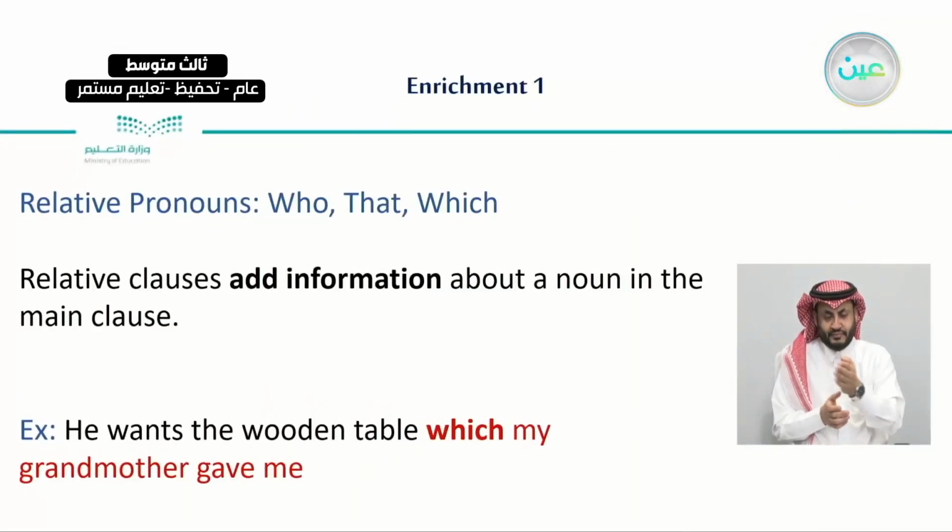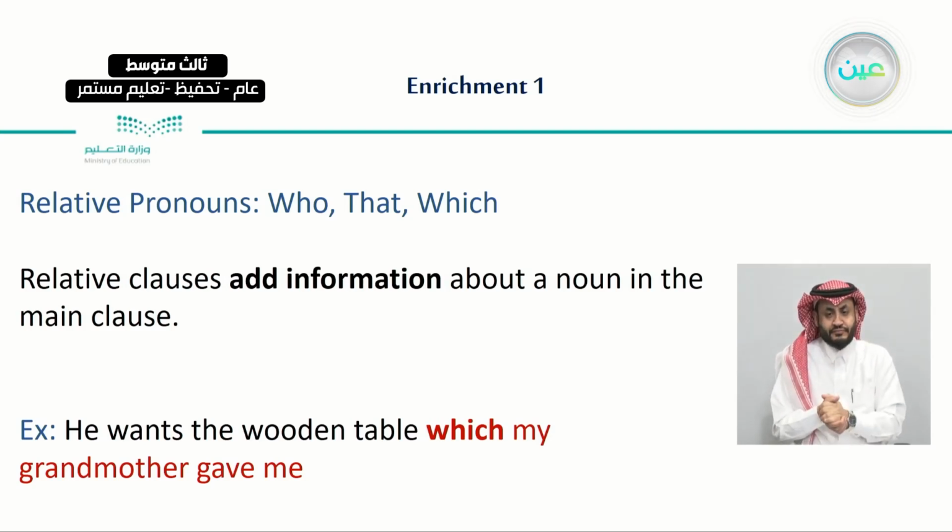And also after this, we went to the grammar where we learned the relative pronouns who, that, and which, and we said that the job of these relative clauses is to add information about a noun in the main clause. For example, he wants the wooden table.